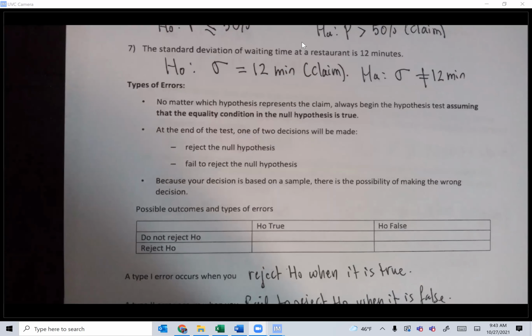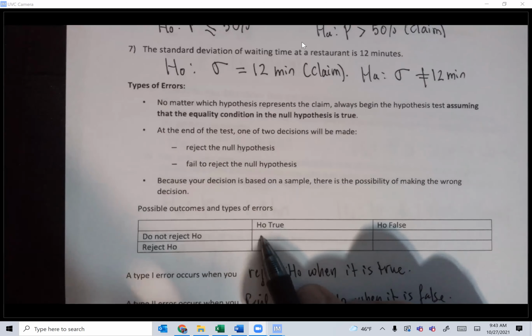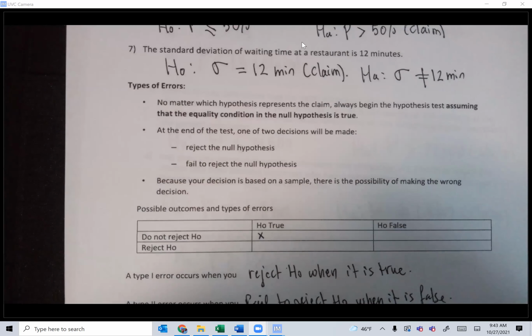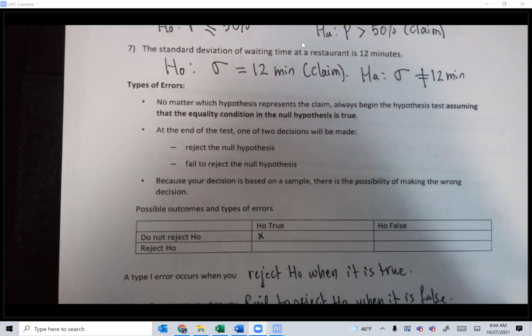What do you guys think? Correct decision or not correct decision? Right here. Any comment? Correct decision, definitely. It is true, and I'm not rejecting that. So I'm telling you, x plus x equals 2x, and you tell me, yeah, we think you're right. So that's a correct decision.